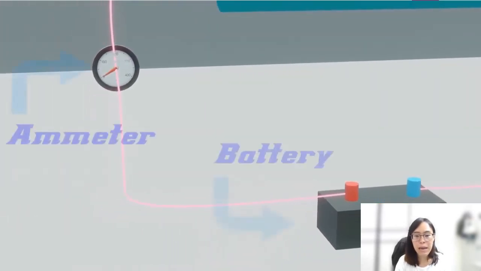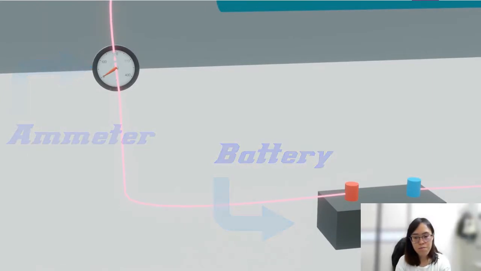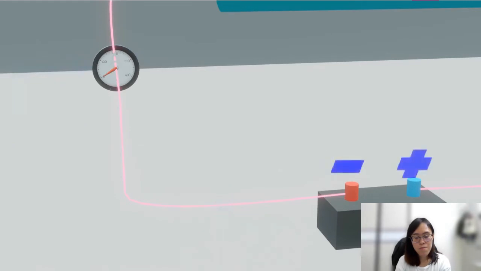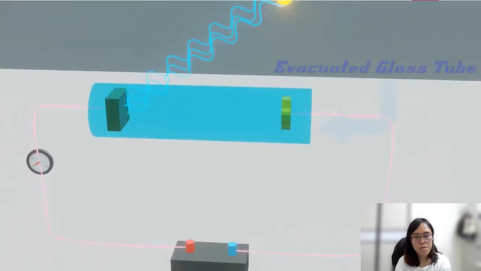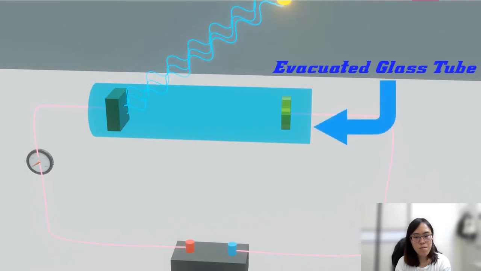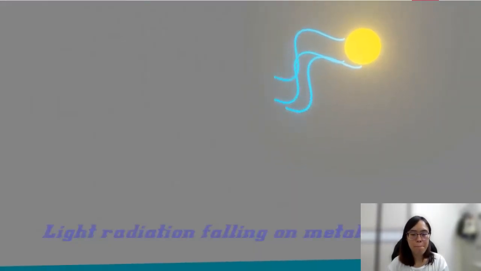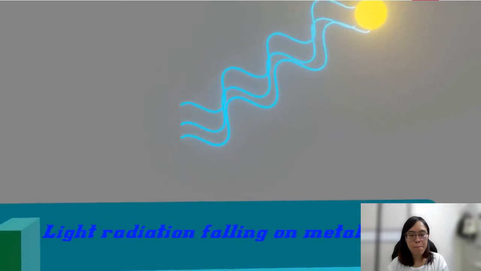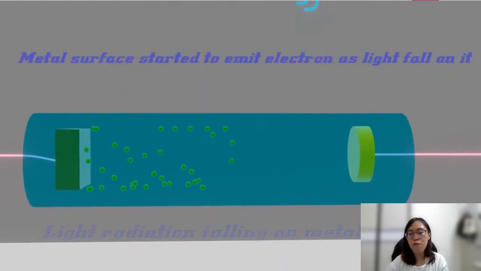The upper meter is a milliammeter. So the metal surface is illuminated by light at a certain frequency.